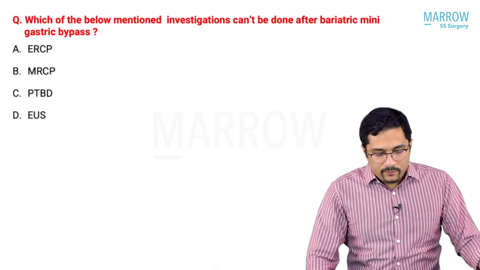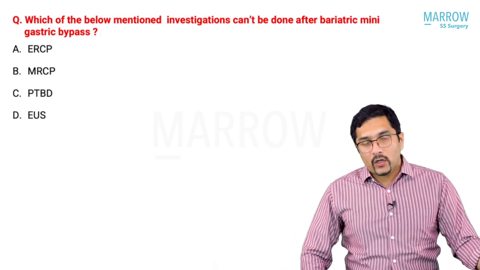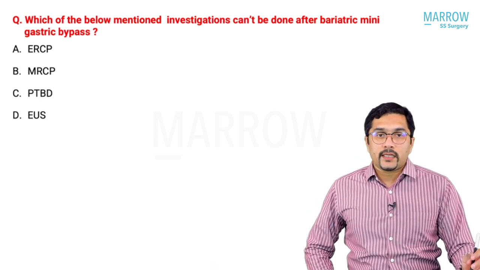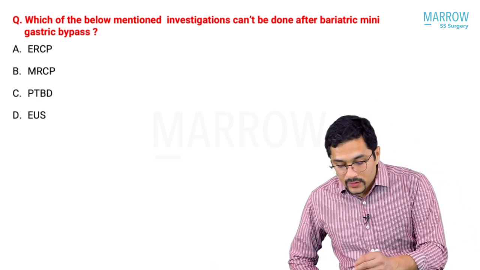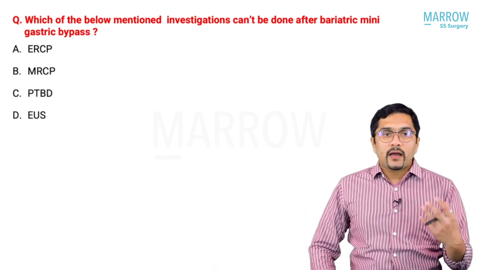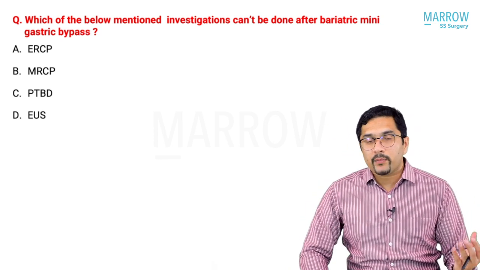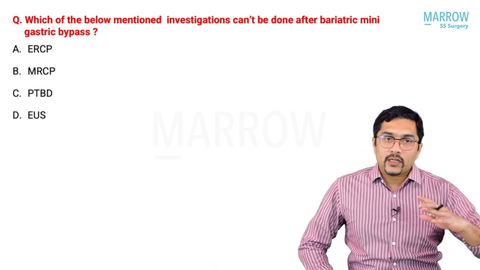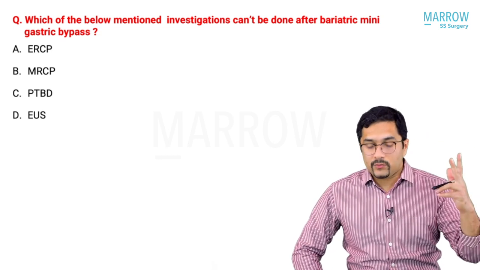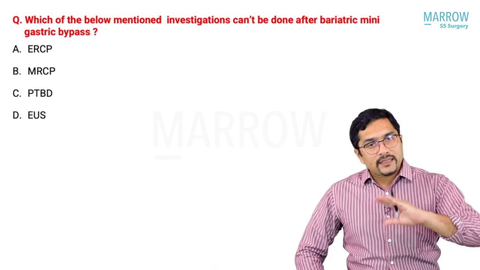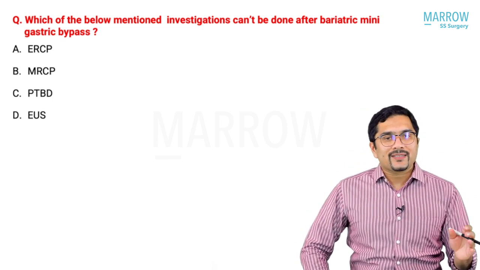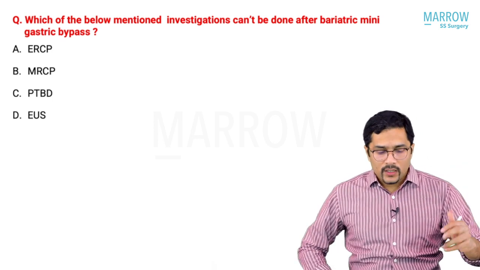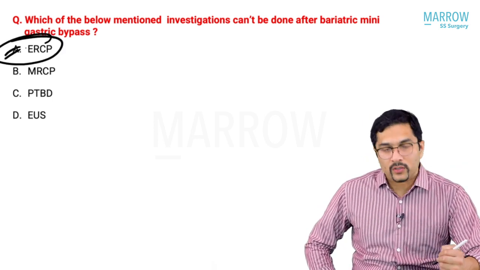Which of the following below mentioned investigations cannot be done in a patient who has undergone bariatric surgery, he has undergone a mini bypass surgery. So, you know that Roux-en-Y gastric bypass or mini bypass. So, mini bypass is when there is a single anastomosis instead of Roux-en-Y where there were 2 anastomoses. But whether it is Roux-en-Y or mini gastric bypass, one of the drawbacks is that these patients cannot undergo an ERCP later on, right.